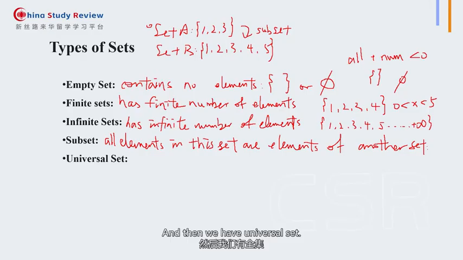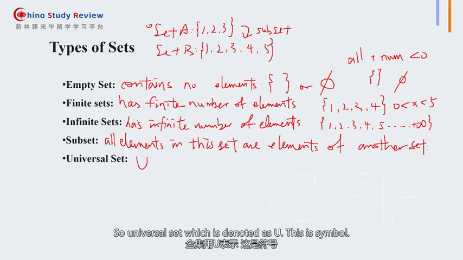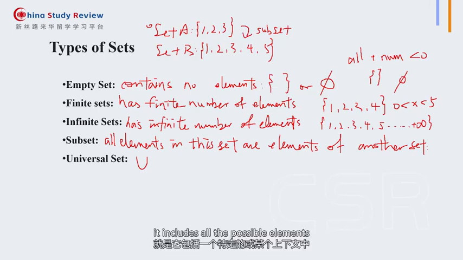And then we have the universal set. The universal set, which is denoted as U, is called universal because it includes all the possible elements inside one specific or certain context.